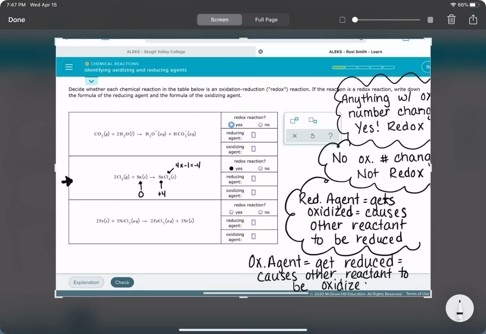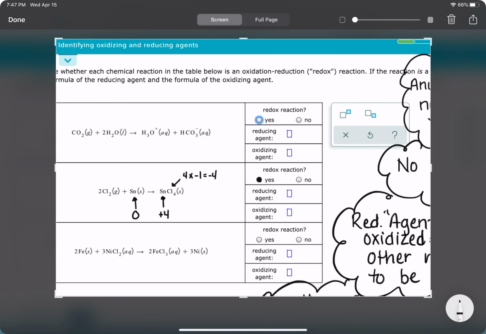The key that you're looking for here is the word agent. The oxidizing agent is the thing that causes the oxidation, and the reducing agent is the thing that causes the reduction. So to find the reducing agent, we need to find what gets oxidized. We've already assigned oxidation numbers to the tin, so let's just focus on tin. What's going on here?